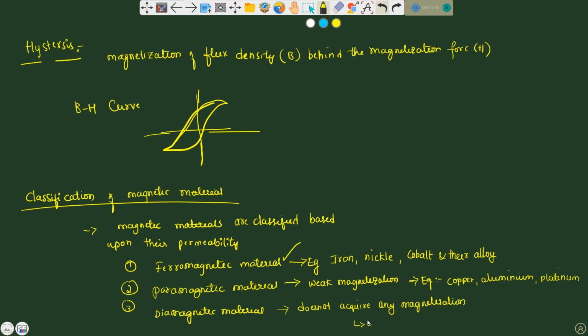Example, bismuth, antimony, water, etc. So the value of permeability is slightly less than 1, for diamagnetic material.